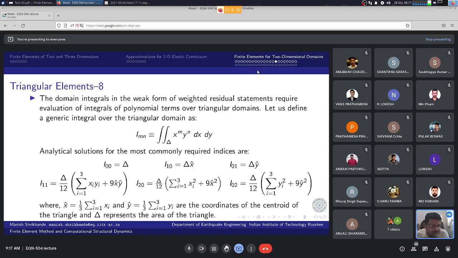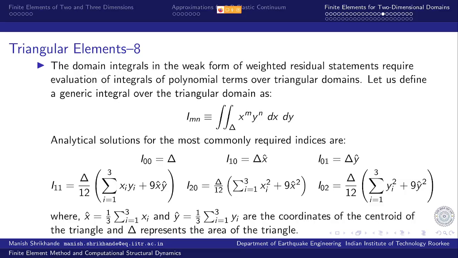But there are certain closed form expressions available for integration over triangular domains. For example, if the integral is of the form x raised to the power m multiplied by y raised to the power n and integrated over the triangular area, then there are certain standard results available.